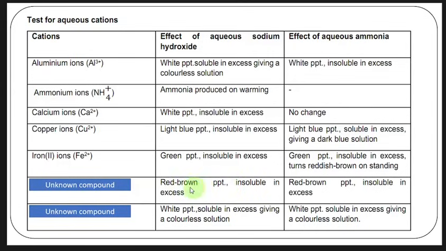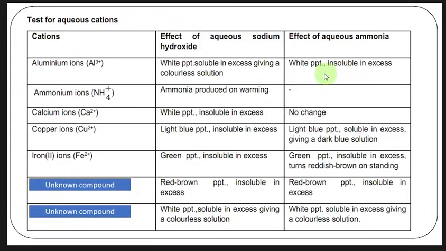Again, the same way you saw a red-brown precipitate, now you add excess sodium hydroxide, and that red-brown precipitate remains undissolved, or is insoluble in excess. Then to the other portion you shared, you test again with aqueous ammonia.